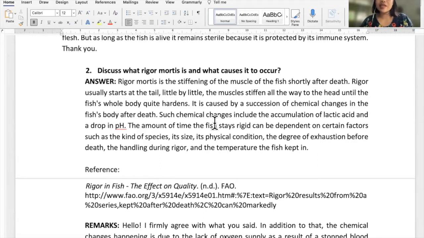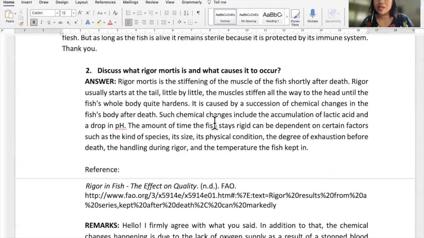So by then, from aerobic respiration, the process now for it to continuously produce energy or ATP is to go into anaerobic glycolysis.